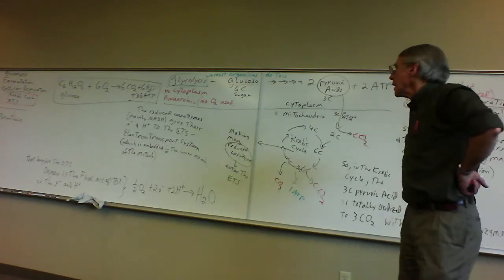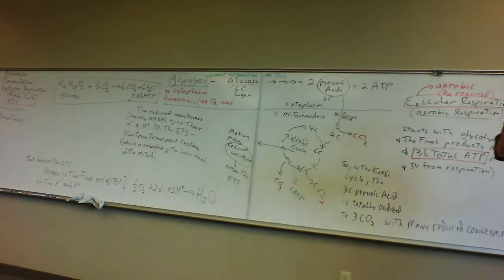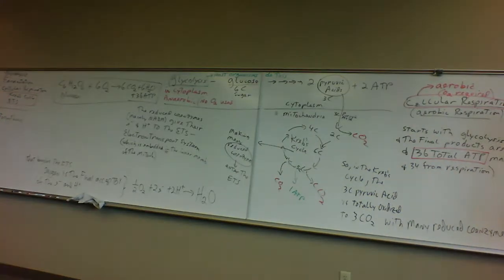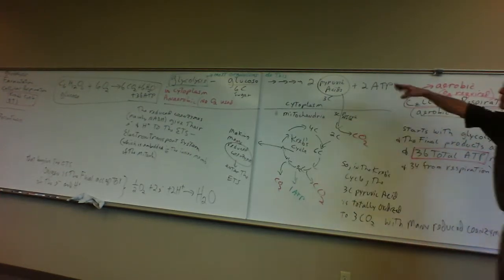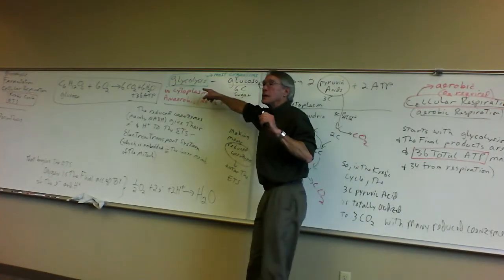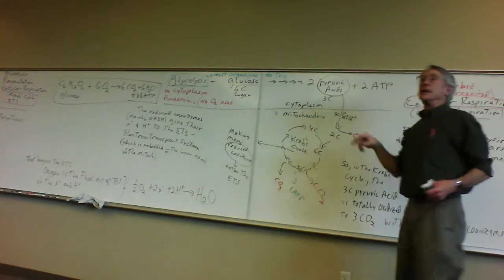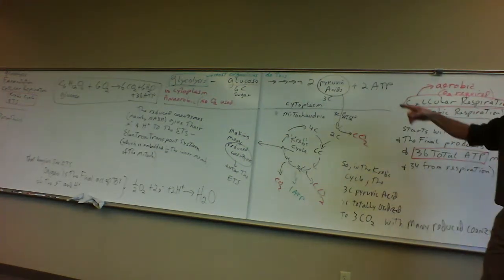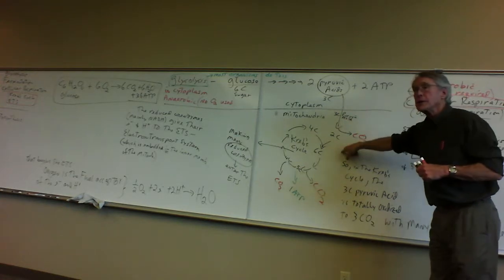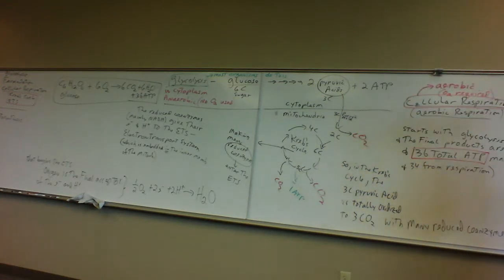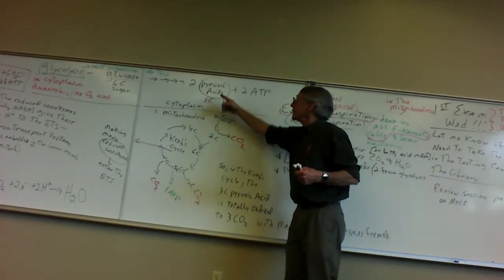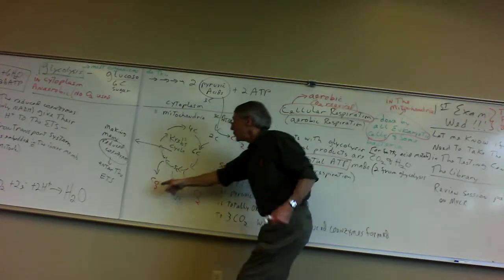Okay, I want to restate it one more time, just to make sure. Most organisms on Earth start with glycolysis and break it down to pyruvic acid. If you are aerobic, those pyruvic acids will go into the mitochondria, and in the process of going through the Krebs cycle and the electron transport system, 3 carbons of the pyruvic acid are totally oxidized to 3 CO2s.